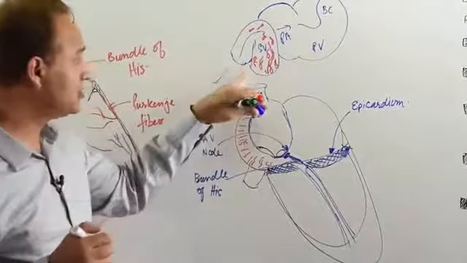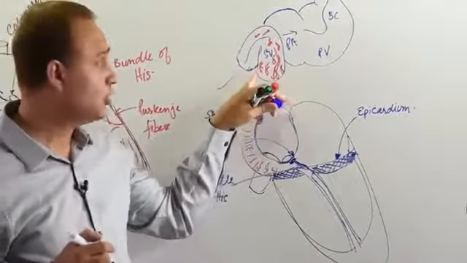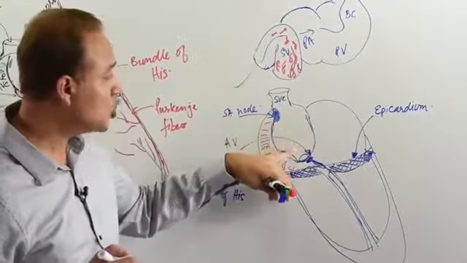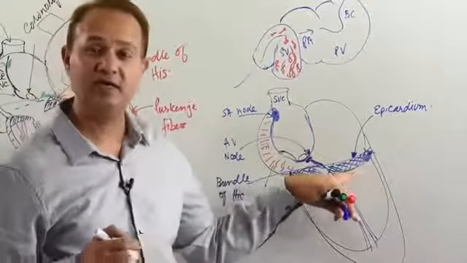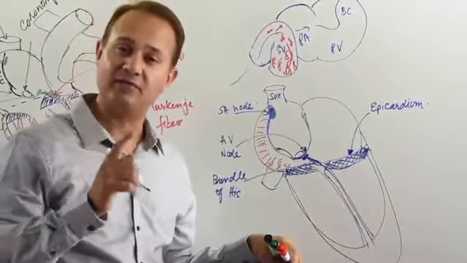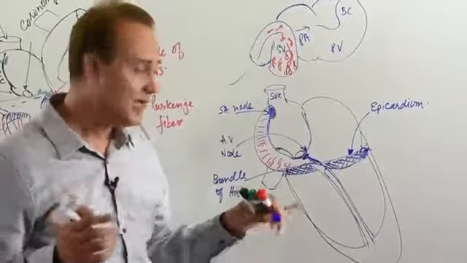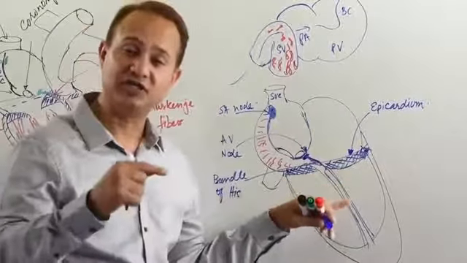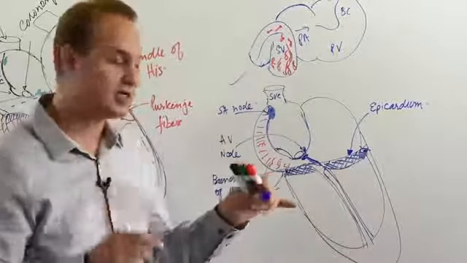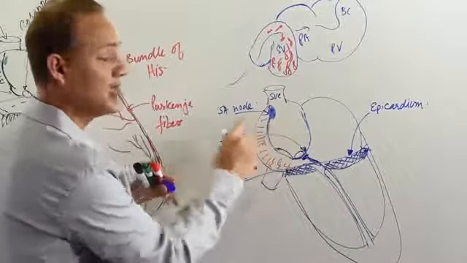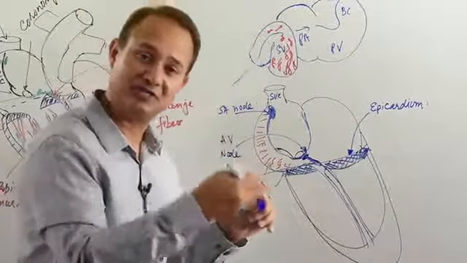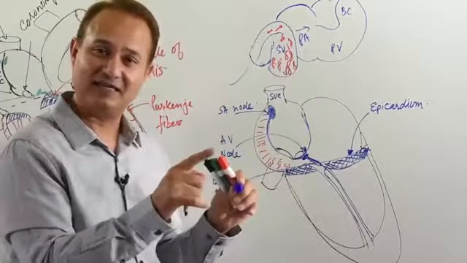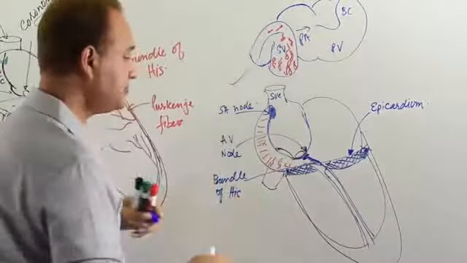So local mesodermal cells near the sinus venosus, which also helped make the nodes, are also helping make the fibrous skeleton. Isn't that interesting? In one place they are making insulation, no conduction at all, they're stopping conduction, and in another place they are making the conduction and electrical system itself. Same cells, two functions.